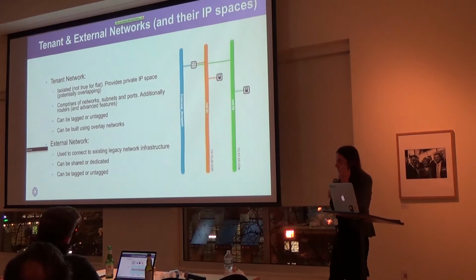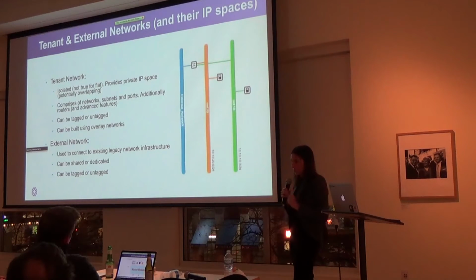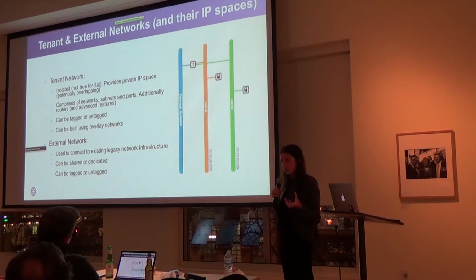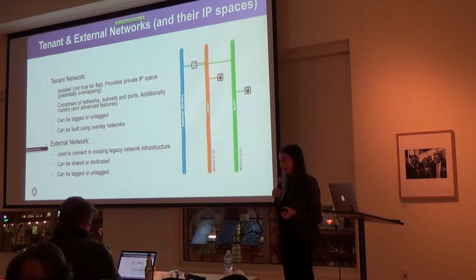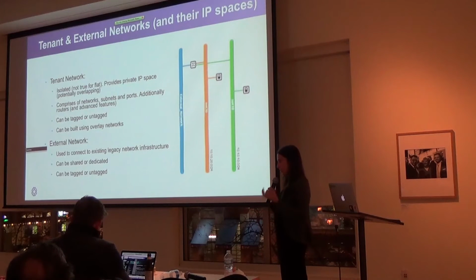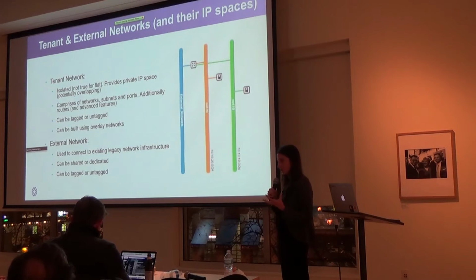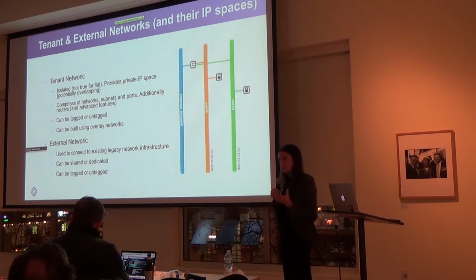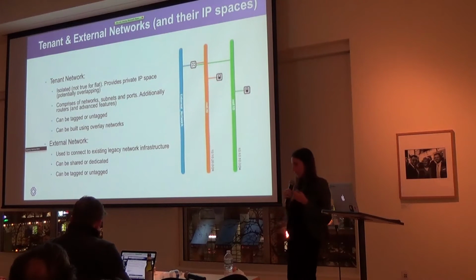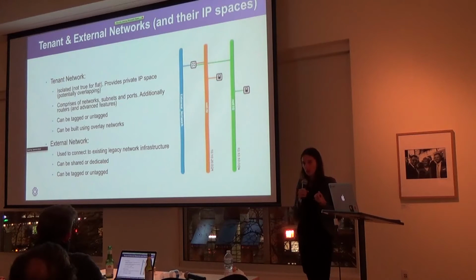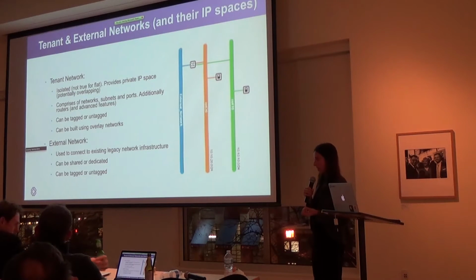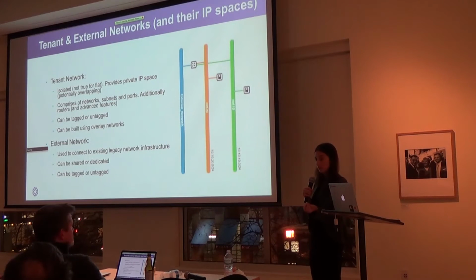Something else that you hear us talk about, especially when Fernando shows the video, is that there are two types of networks that you can build with OpenStack. For the most part, what's interesting for users is the ability to build tenant networks. What is revolutionary about OpenStack is that it enables users of a cloud infrastructure to self-service provision networks, and that's something that has never been possible before.